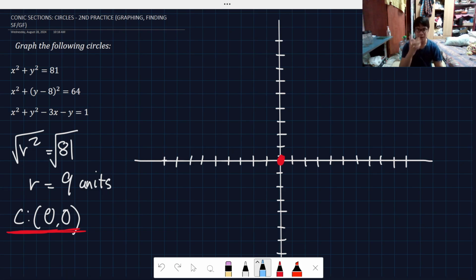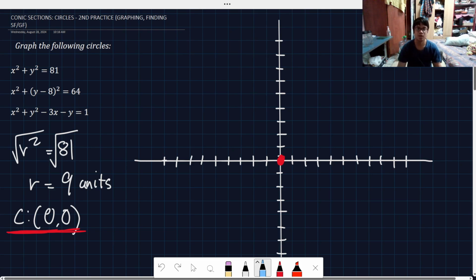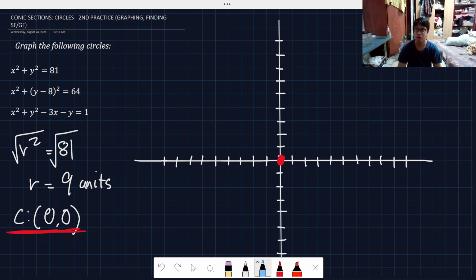If you remember the steps on how we graph the circle, we count 9 units from the center to the right, then go back to the center, go upward, back to the center, to the left, back to the center, and down. Basically, we draw four points, 9 units away from the center: to the right, upward, left, and down. Let's do it slowly.